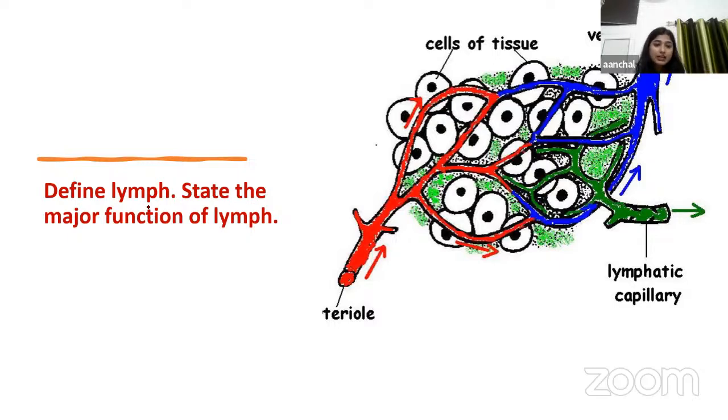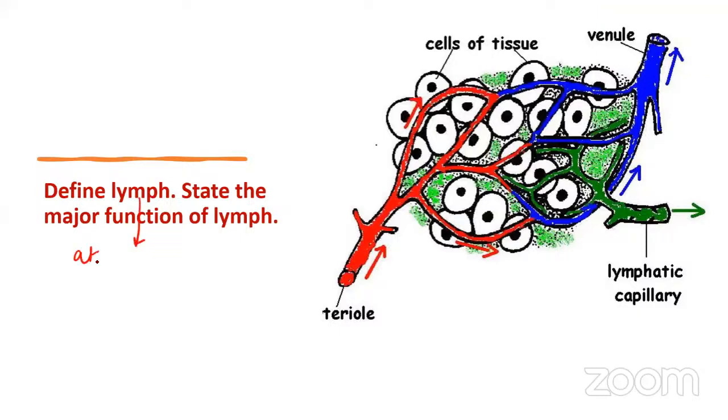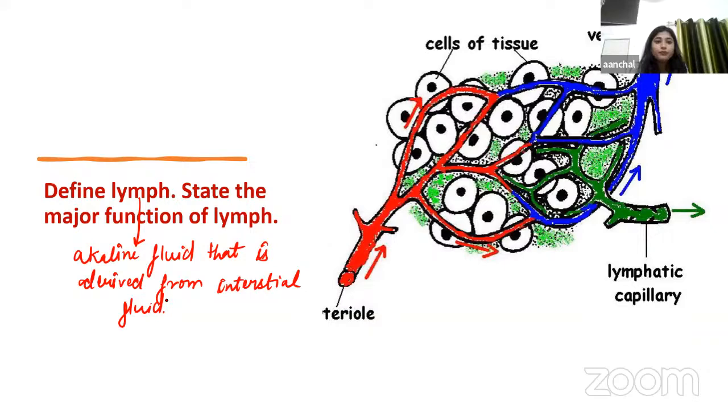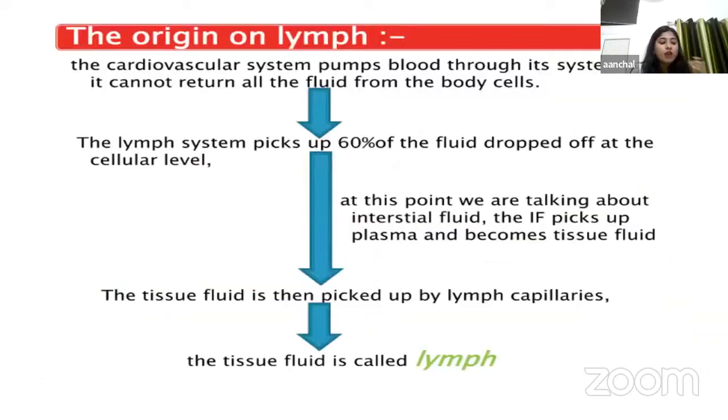So this is an alkaline fluid derived from interstitial fluid. Now we're going to learn how lymph is formed and what the origin of lymph is.